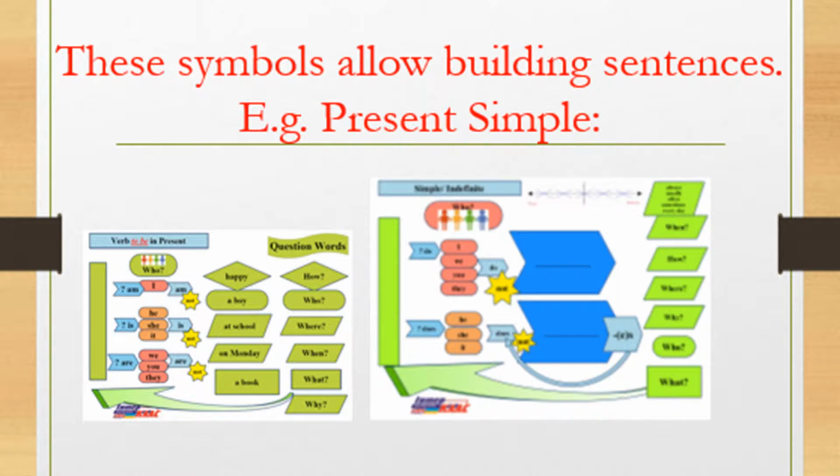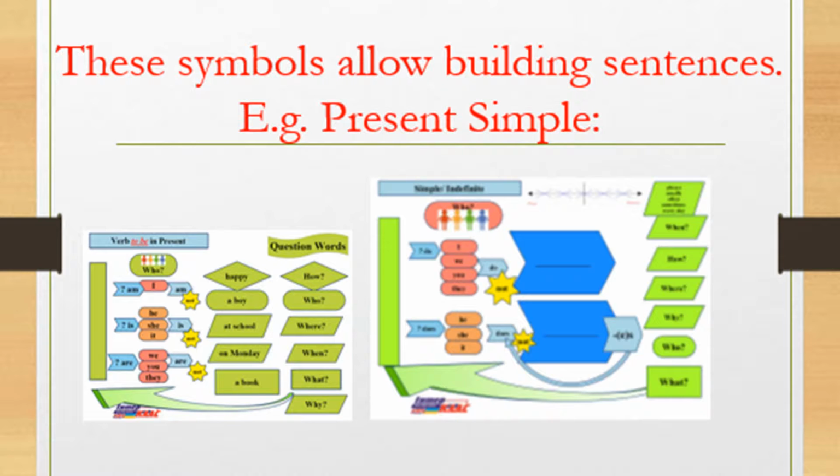The verbs are represented by arrows, and the arrows have two colors. The deep blue symbolizes the main verb, while the light blue is for auxiliary verbs, and all other parts of the sentence are in green, and that is how we may build a sentence in present, positive and negative.